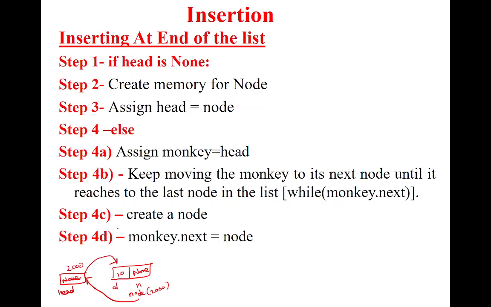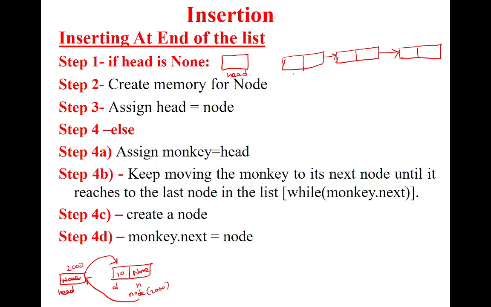Otherwise, already some nodes are there. For example, already some nodes are there. I will show you. You have to listen very carefully, then only it is easy to understand. Already some nodes are there like this.